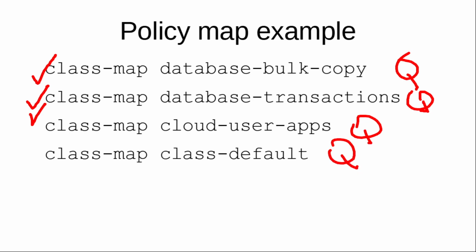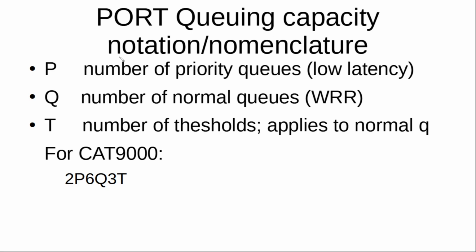Now let's talk about something that is known as port queuing capacity notation or nomenclature. With this notation, you will be able to know how many queues your hardware is capable of providing to you. So you will see a notation like a number and then the letter P, a number and then the letter Q, and a number and then the letter T. The number that precedes the letter P will tell you how many priority queues or low latency queues your hardware is able to offer to you.